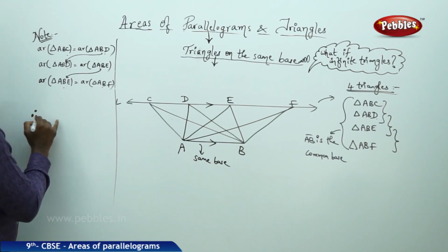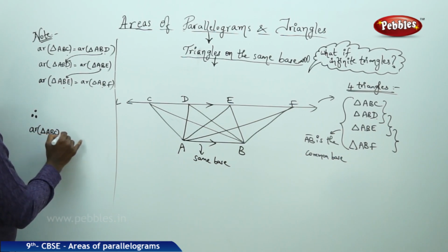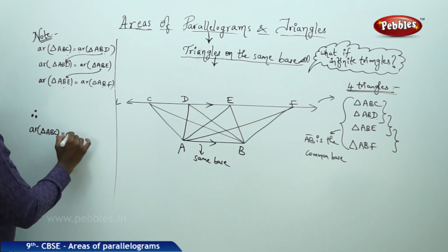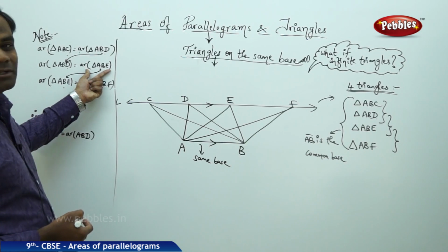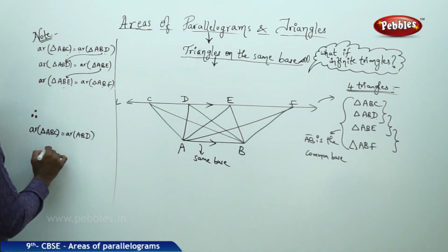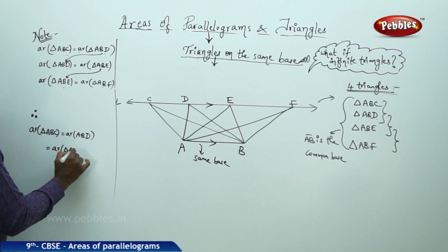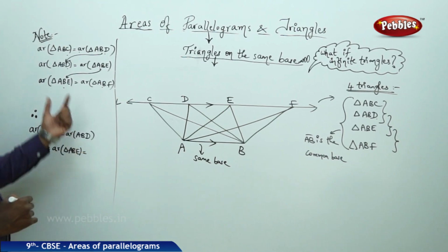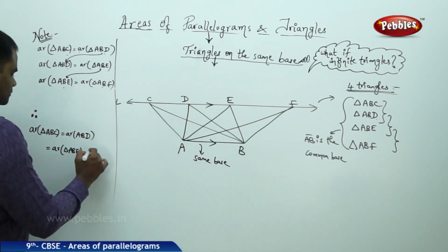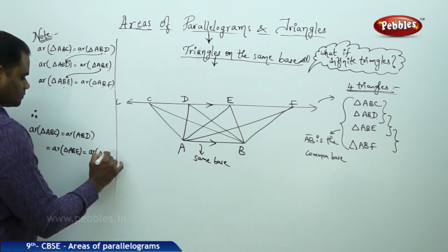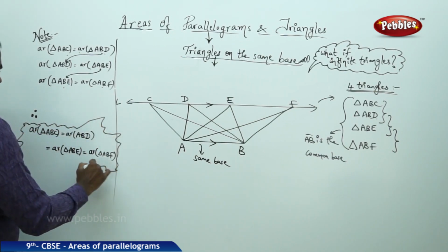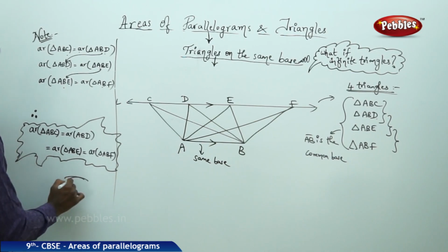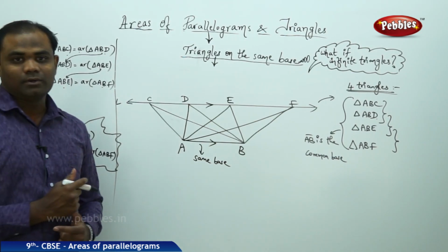Therefore, area of triangle ABC must be equal to area of triangle ABD, but area of triangle ABD which in turn equals area of triangle ABE, and ABE equals ABF. Is how I see area of each of the triangles being equal.